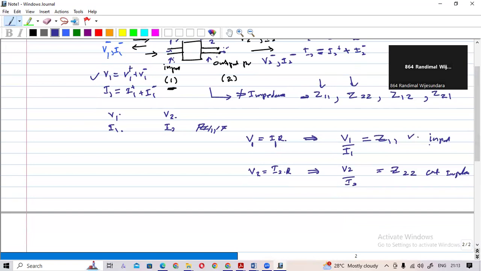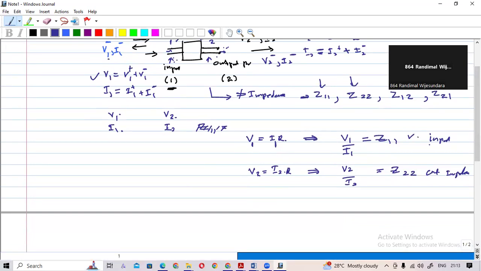Now, if you consider port 1 voltage and port 2 current, port 1 voltage is V1, divided by port 2 current, I2. This is also an impedance value, because voltage divided by current is an impedance value.